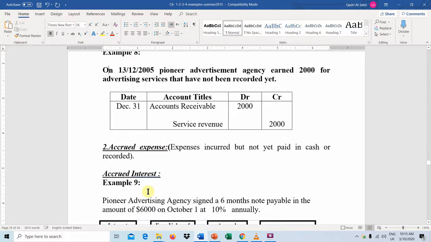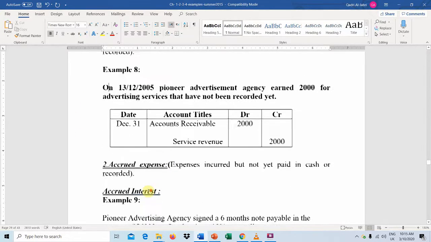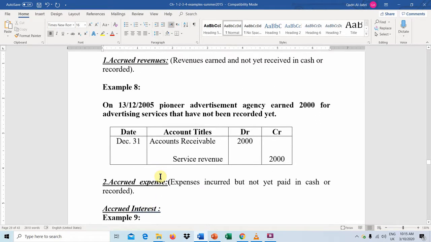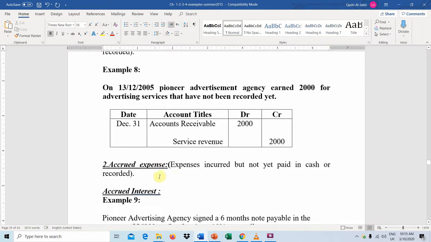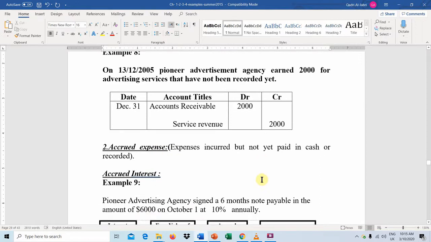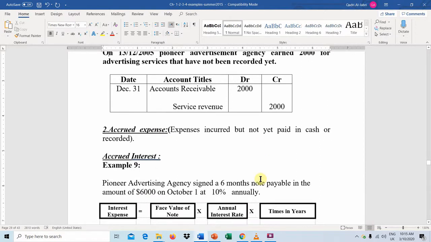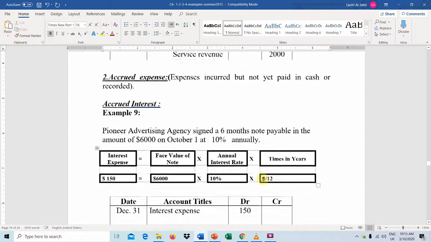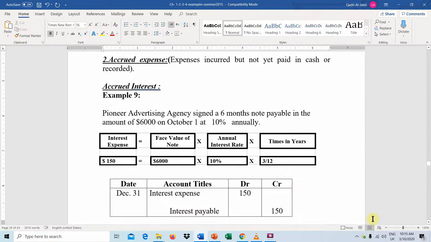Accrued expenses are very similar, but this is about expenses incurred but not yet recorded or paid. A very famous example of this is accrued interest. So assume that we signed a 6-month note payable in the amount of 6,000 on October 1st at 10% annually.